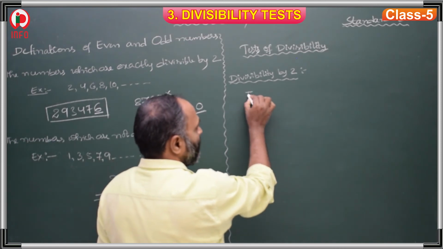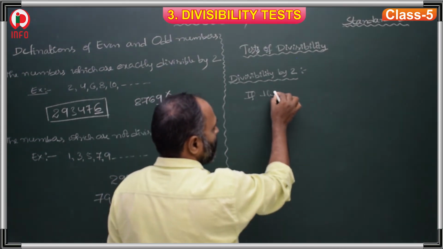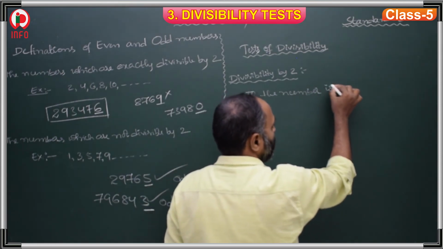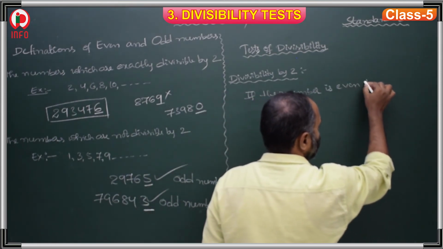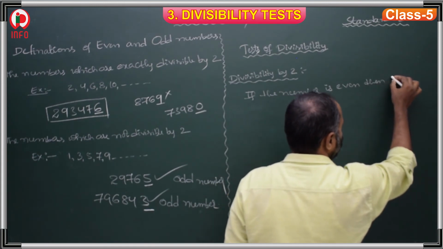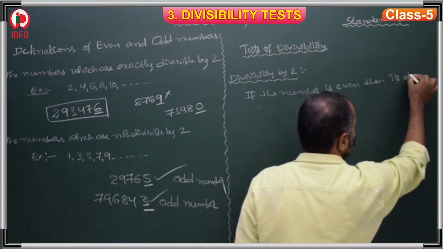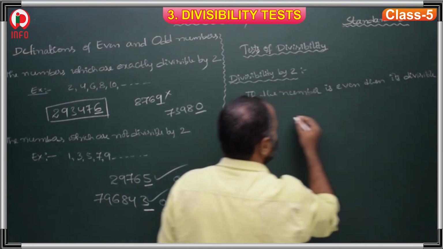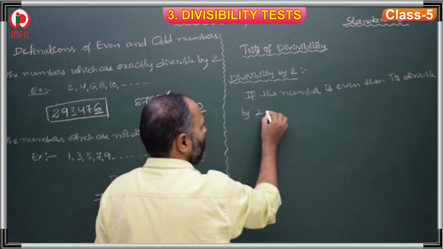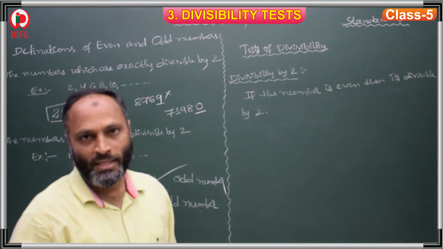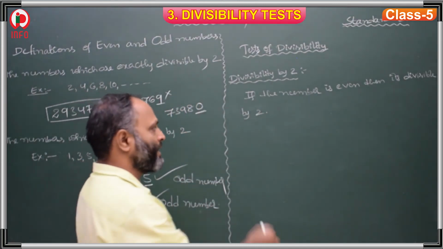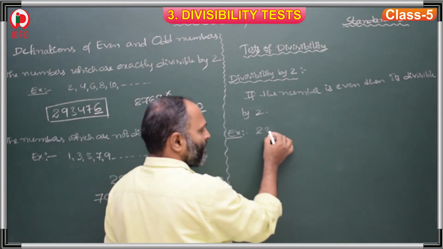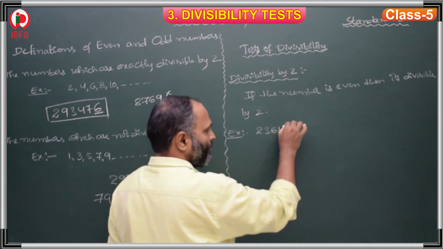If the number is even, then it is divisible by 2. Example: 2, 3, 6, 4.